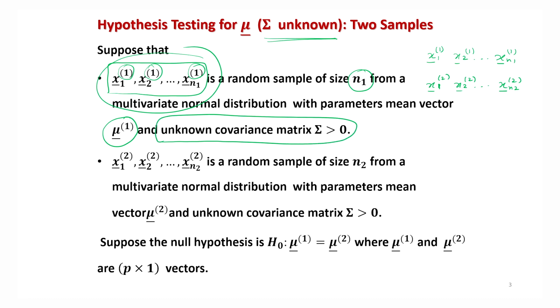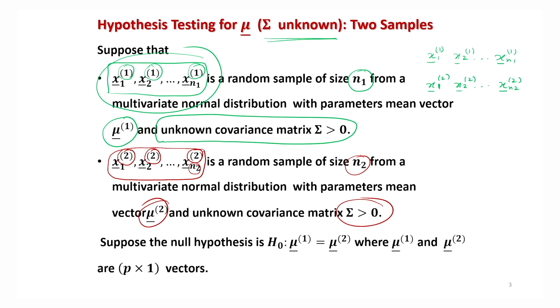Similarly, we observe a second sample, written exactly in the same way as the first sample. This x1, x2, up to xn2 is a sample of size n2, with 2 in the superscript, indicating that the random sample of size n2 comes from a multivariate normal distribution with mean vector mu2 and covariance matrix sigma greater than 0.